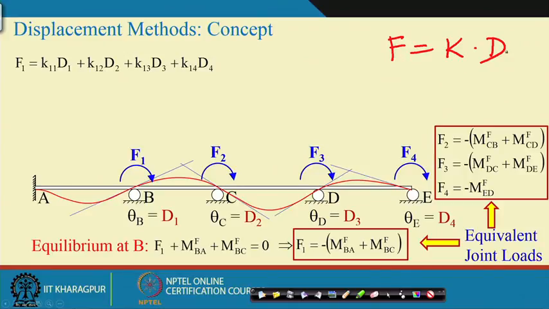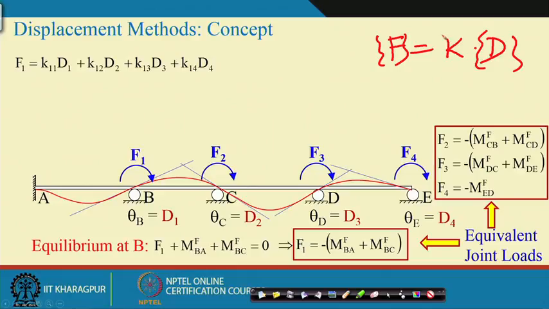Now, if you recall the spring problem where you have just one force and one associated displacement, it is a scalar equation. But if you recall the other problem where you had several forces and several associated displacements, then this equation is not a scalar equation. It is essentially a matrix equation, right. The force is a vector, the displacement is a vector, and the stiffness is a matrix, which is called the stiffness matrix.